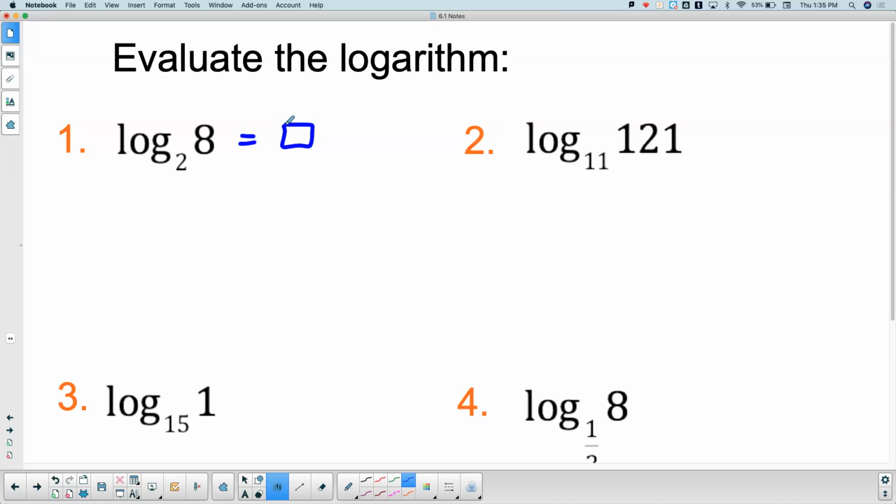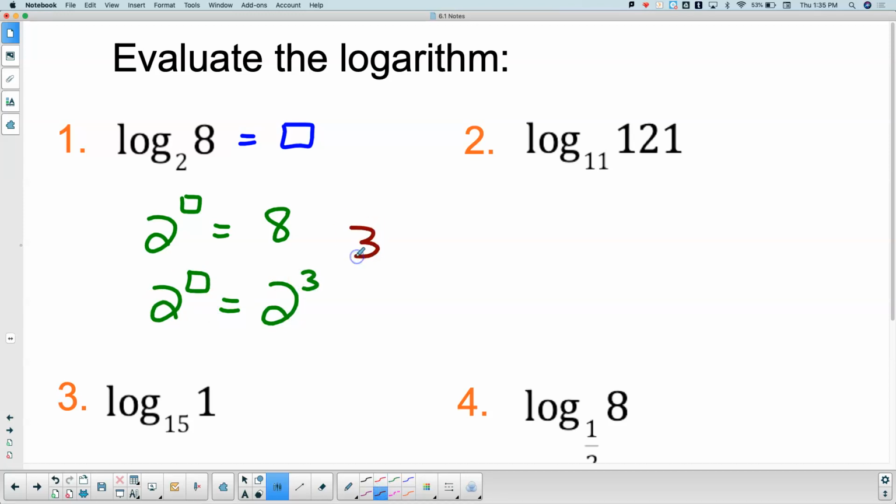So if I switch forms with this, that would be 2 to the box equals 8. What exponent would I have to put onto 2 to get me 8? 3. Yep. Because then that would be 2 to the box equals 2 cubed. So the answer here is 3.